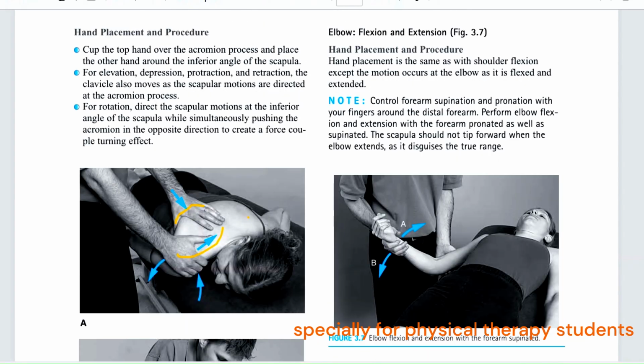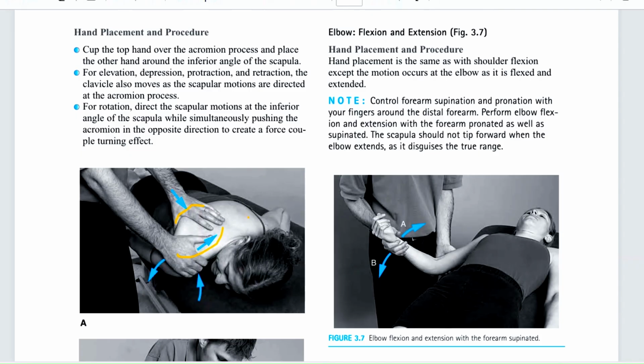Now what we have to do is hand placement and the procedure. Make a cup of the top hand over the acromion process and place the other hand around the inferior angle of the scapula always, okay? Now perform the elevation, depression, protraction, retraction.